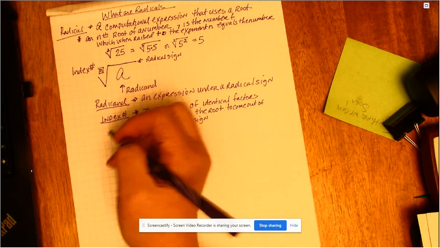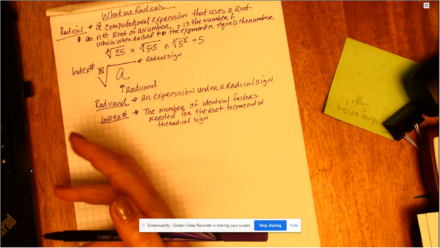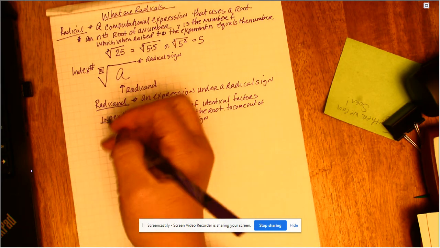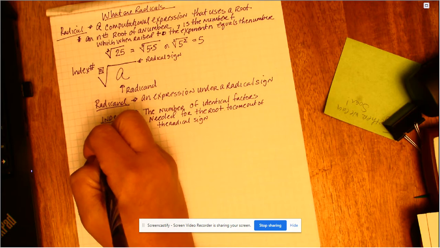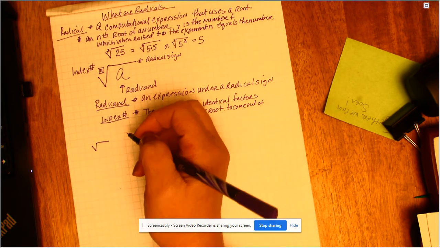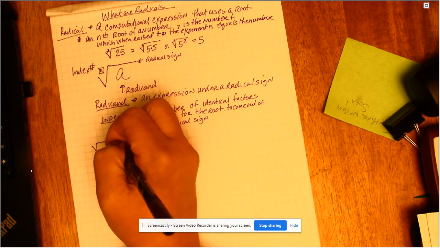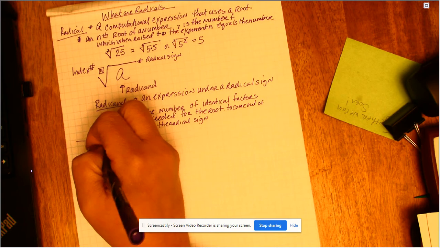So how do we use or say the word root, radicals, etc.? How are we going to talk about it in words? So first off, this is our radical sign, and here we're going to call this the symbol.